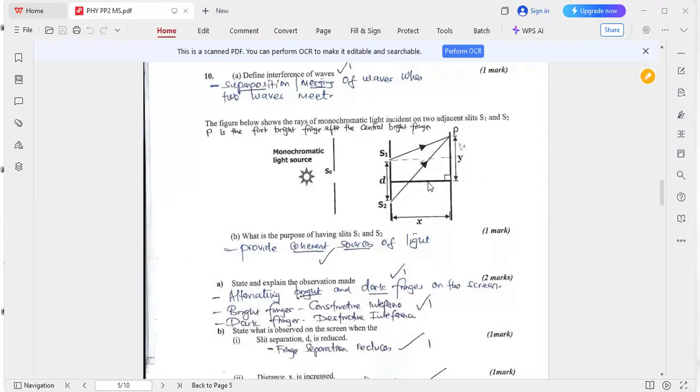Of course, the central fringe is always bright. Then the first bright fringe we are told is P.